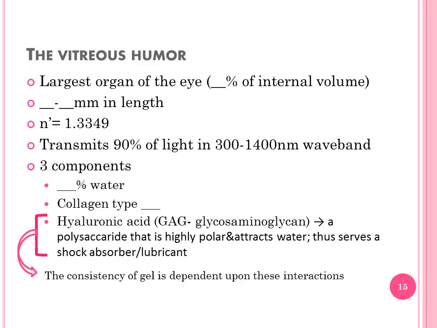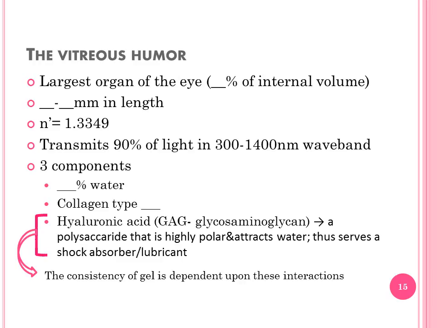These two components interact, and the consistency of the gel, of the vitreous, is dependent upon these interactions. So it's mostly water, yet it has this small amount of collagen and this acid, which essentially causes it to become a gel form and have a certain consistency to it.